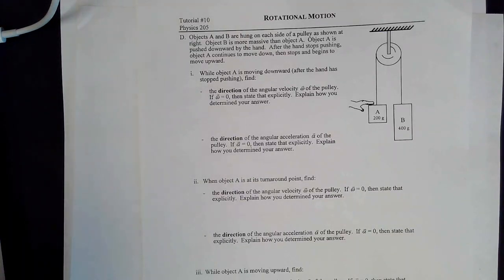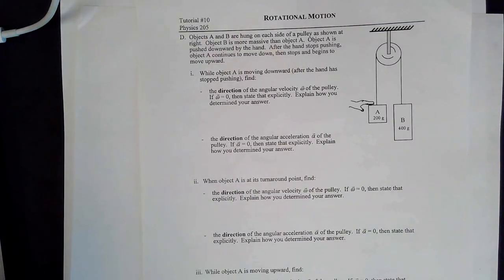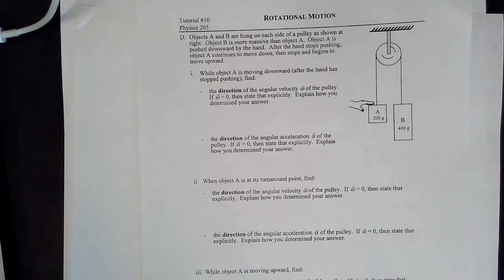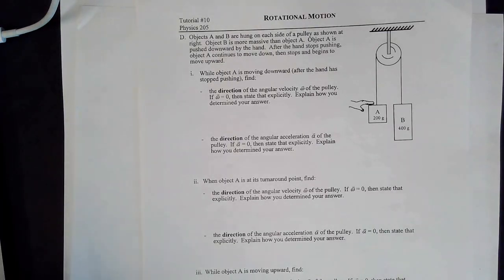And in this case, A has half the mass of B, and so if the hand just let go of A, B's going to go down towards the ground and A's going to go up towards the pulley. But that's not what we do in this problem. In this problem, the hand shoves A towards the floor, just gives it a great big old shove, and sends A headed towards the floor.